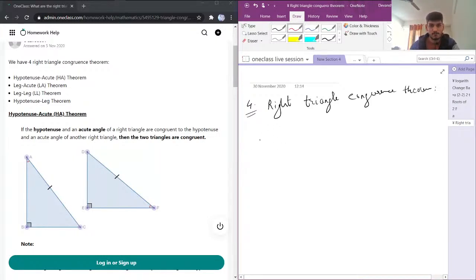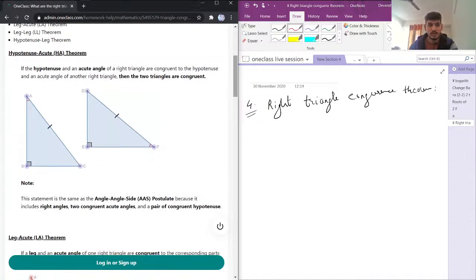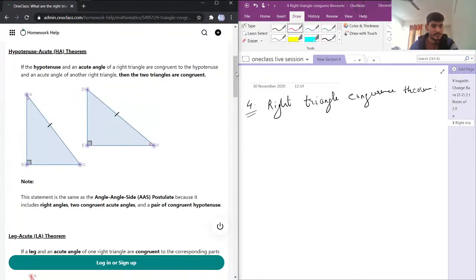First I will start with the hypotenuse acute theorem. If the hypotenuse and an acute angle of a right angle triangle are congruent to the hypotenuse and an acute angle of another right angle triangle, then the two triangles are congruent. Note this statement is same as angle side.